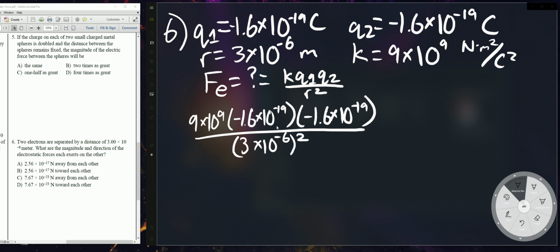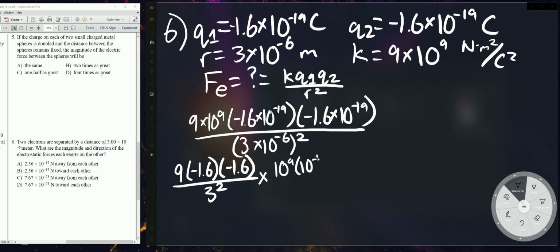Again, we're going to do the same exact thing. We're going to separate these numbers individually. So 9 times negative 1.6, negative 1.6, over 3 squared, because all I'm doing is squaring the 3 here, times 10 to the 9, 10 to the negative 19, 10 to the negative 19, and 10 to the negative 6 times 10 to the negative 6, because that's what that square is doing.